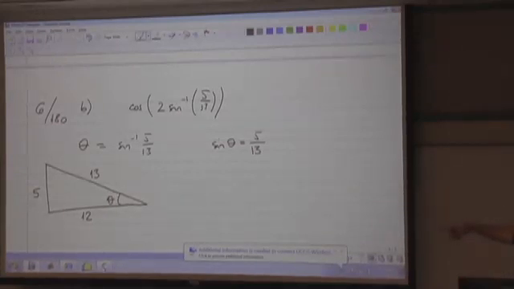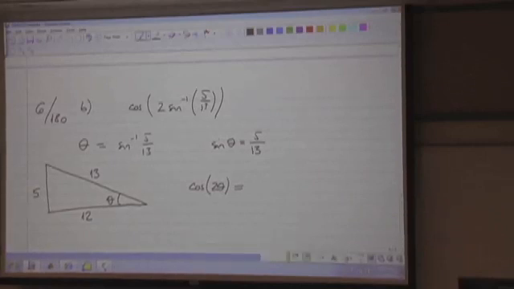Pythagorean theorem, 13 squared minus 5 squared is 144. Okay? So, what do we do next? Do you increase the entire triangle? No. Cosine of 2 theta. So we're looking at cosine of 2 theta, right? And this is where your knowledge of trigonometry from pre-calculus is going to surface up. What are the double angle formulas? Well, that's just cosine squared of theta minus sine squared of theta.